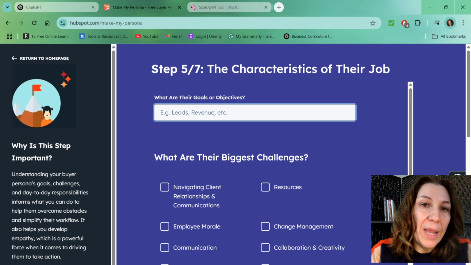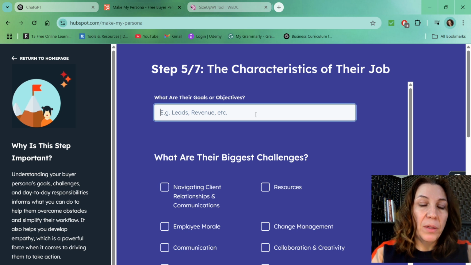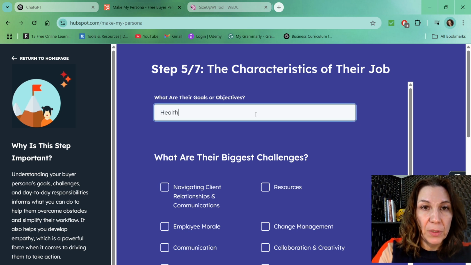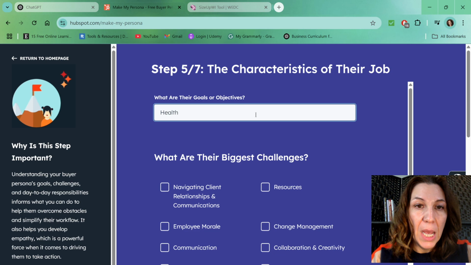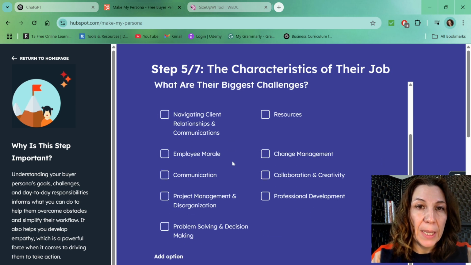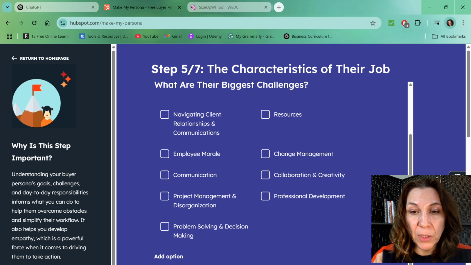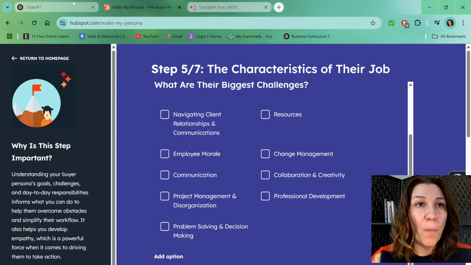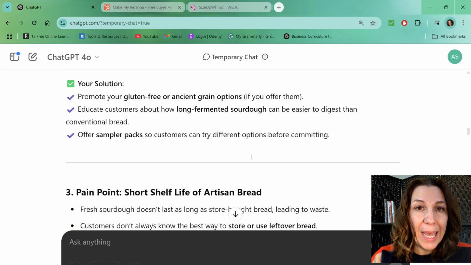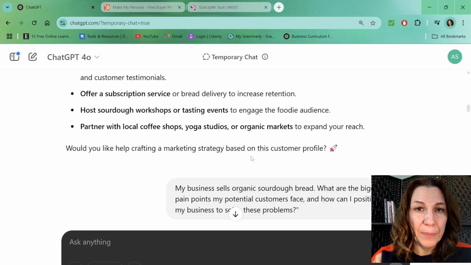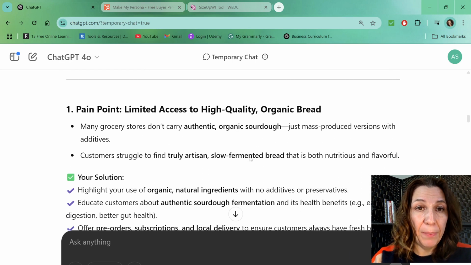Now, in this case, we are not talking about their goals at work. Their goals are probably health conscious, health. What are their biggest challenges? And in this case, we don't have anything. And here from challenges, we can probably go back to our ChatGPT and go to their pain points and steal some of the pain points.